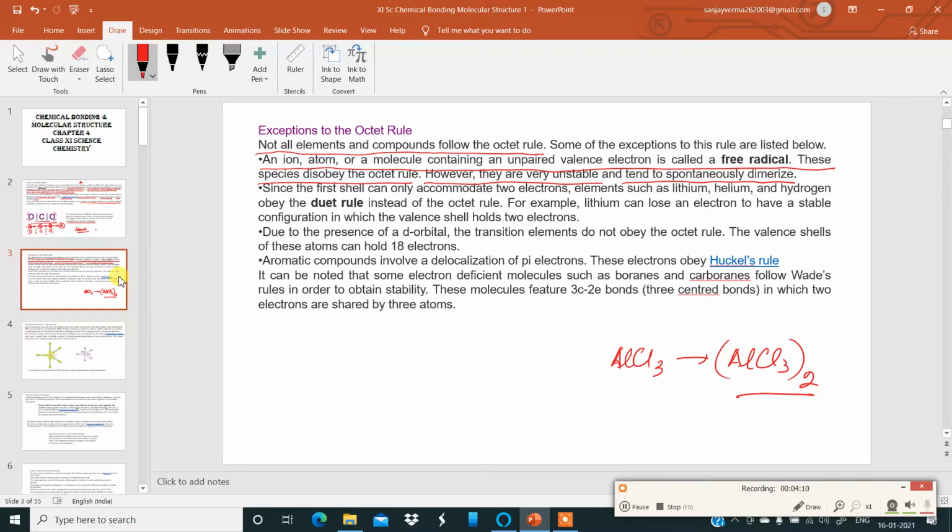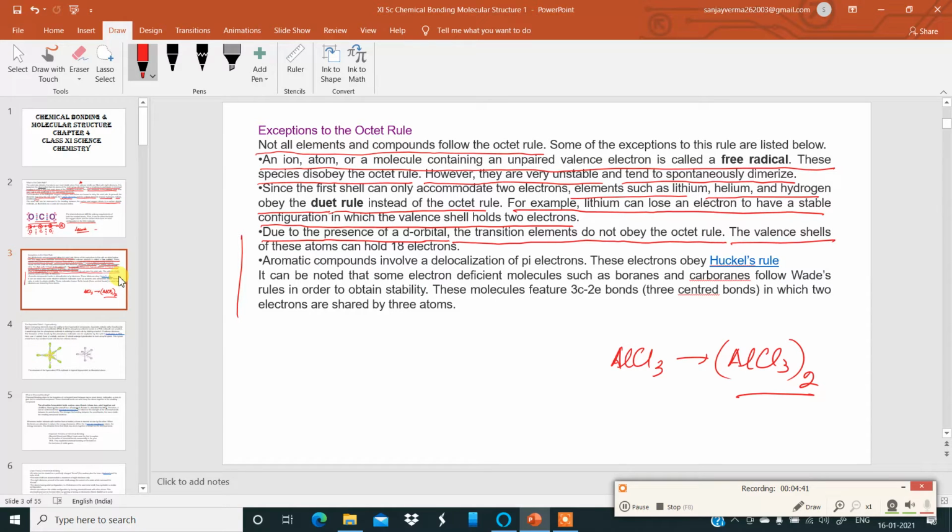Since the first shell can only accommodate 2 electrons, elements such as lithium, helium and hydrogen obey the duplet rule instead of the octet rule. For example, lithium can lose an electron to have the stable configuration in which the valence shell holds 2 electrons only. Now, due to the presence of d orbitals, the transition elements do not obey the octet rule.